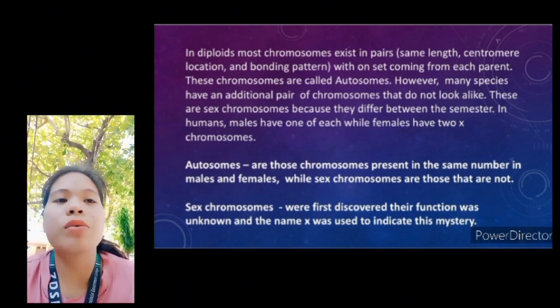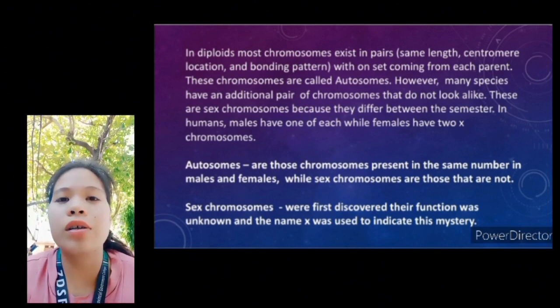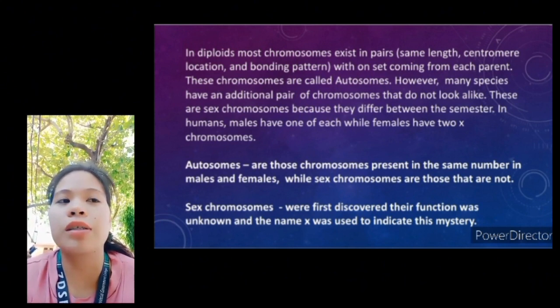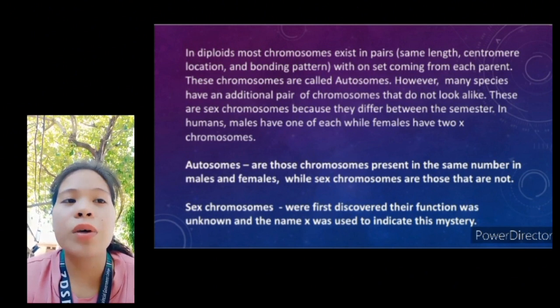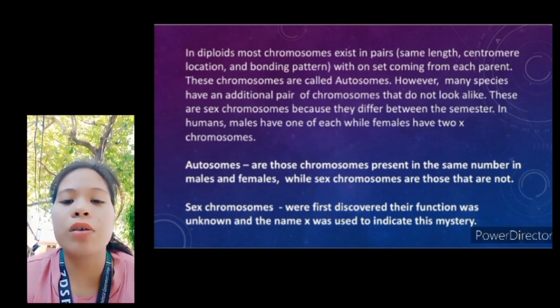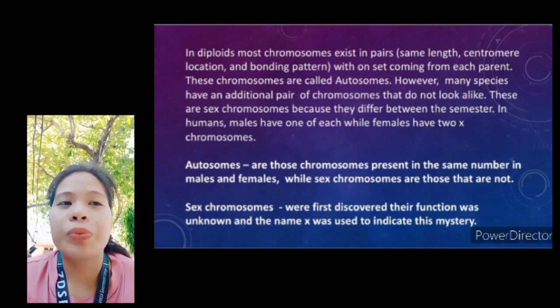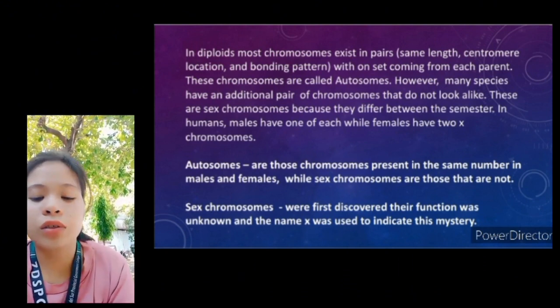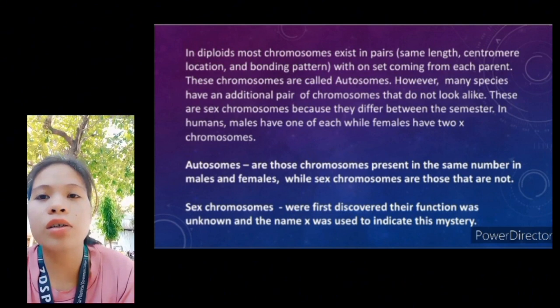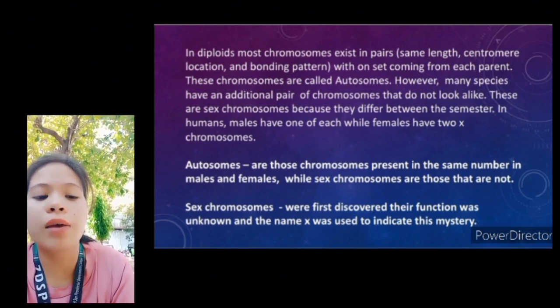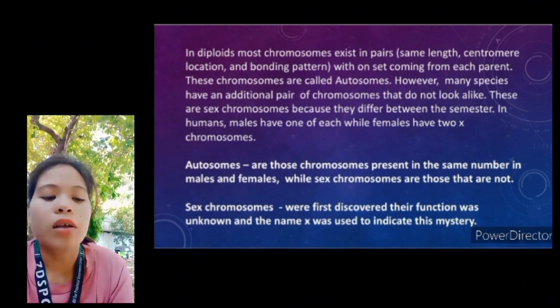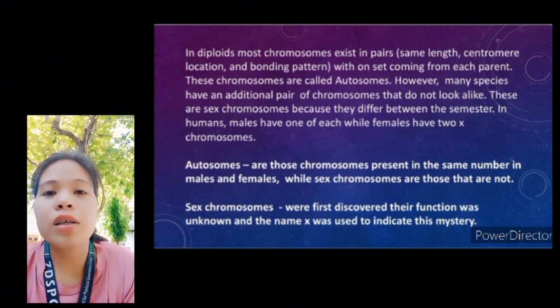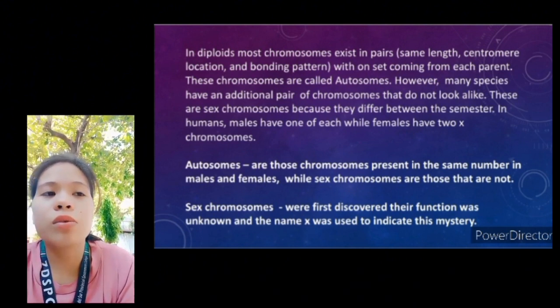In diploids, most chromosomes exist in pairs with the same length, centromere location, and banding pattern, with one set coming from each parent. These chromosomes are the same in males and females, and they are called autosomes.